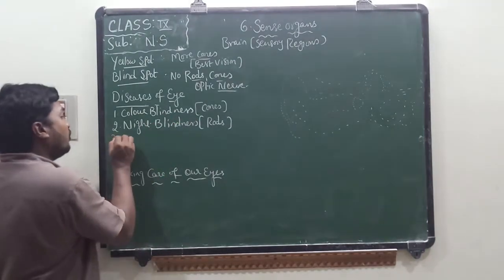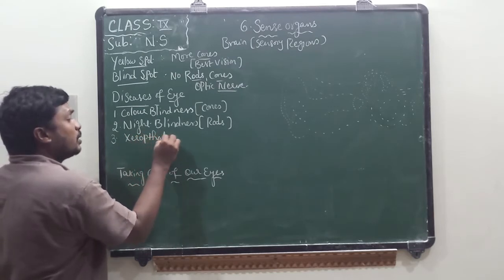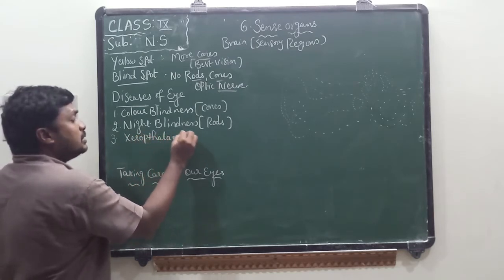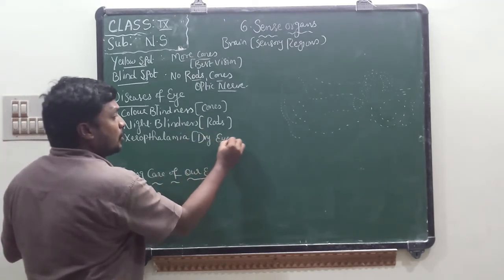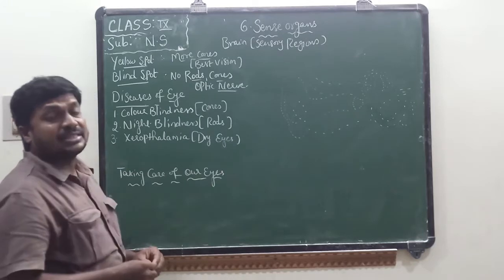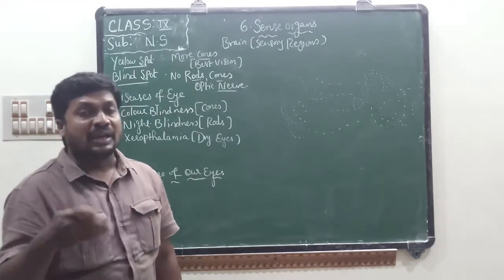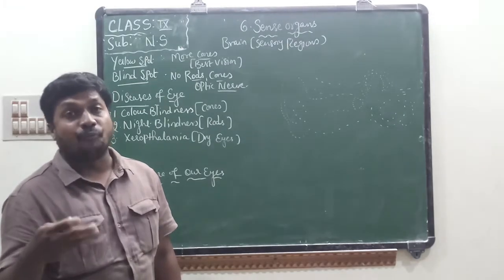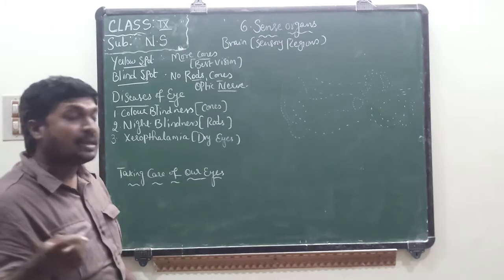The third one is xerophthalmia, also called dry eyes. Do you know, tears are also very helpful to the human eye. Tears help to remove dust particles and kill harmful bacteria, and also help to keep our eyes bright.